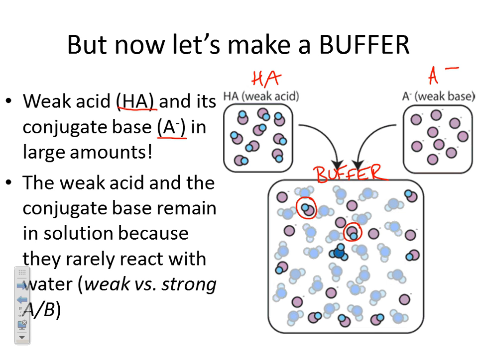This is the fundamental difference in definition between a strong acid and a weak acid, between a strong base and a weak base. So you have HA and A minus, they're going to stay in solution. They won't really react with water all that much. Yes, they will a little bit, but more than 95% of it will stay as HA and A minus. So you have this weak acid, weak base together in solution.